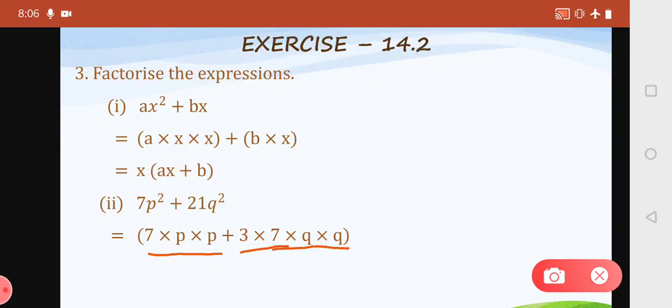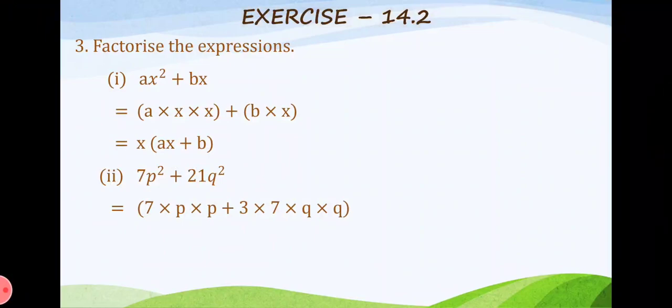Now let's see what we can find common in both. So we can see that only 7 is common in both the terms. The remaining terms we will write in the bracket. So that is equal to 7 into (p square plus 3q square).